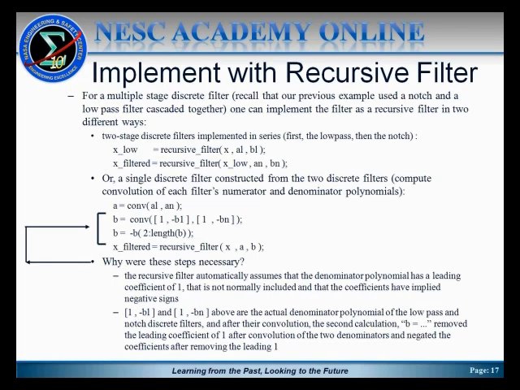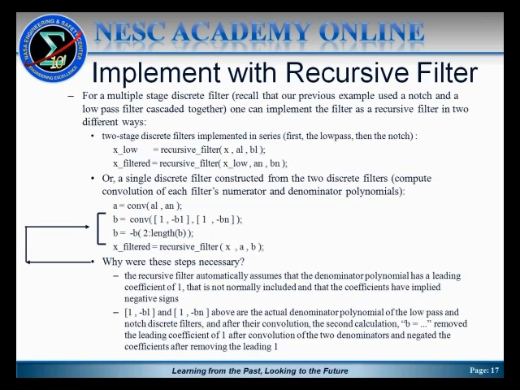And there are two examples I'll show here of how it can be done. Recall that in our example the notch and low-pass parts of the filter are provided as separate discrete filters. The low-pass filter consists of a numerator polynomial AL and a denominator polynomial BL, and the notch filter is represented by a numerator polynomial AN and a denominator polynomial BN.